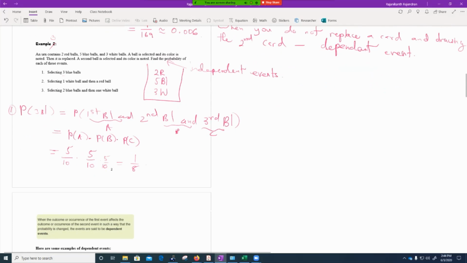Now let's move to the second one. Selecting one white ball and then a red.